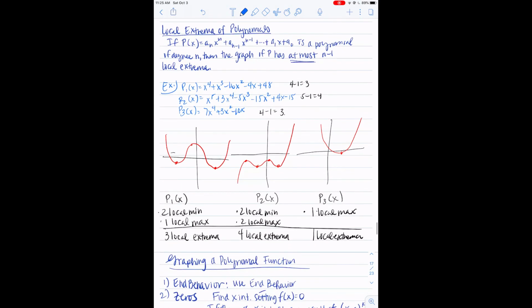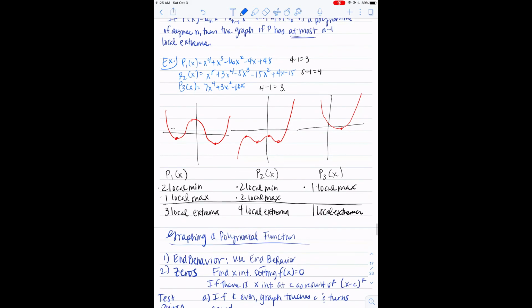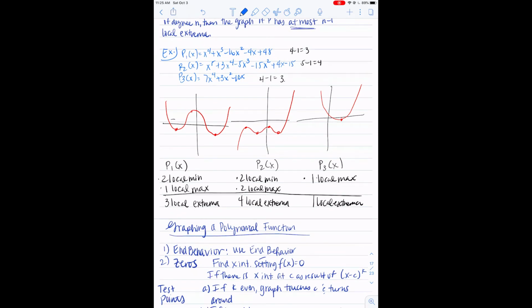So, local extrema of polynomials. If p of x is a polynomial of degree n, then the graph of p has at most n minus 1 local extrema. Here we have p1 of x, p2 of x, and p3 of x, and I just have the graphs there.